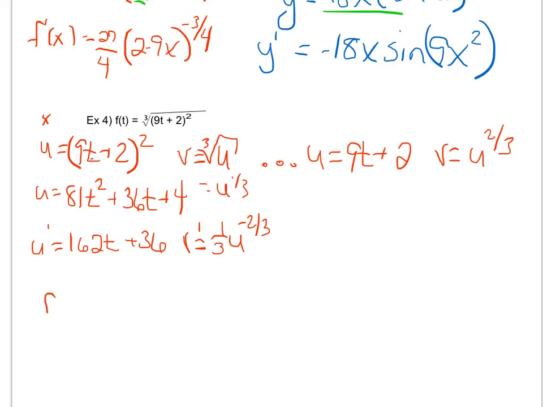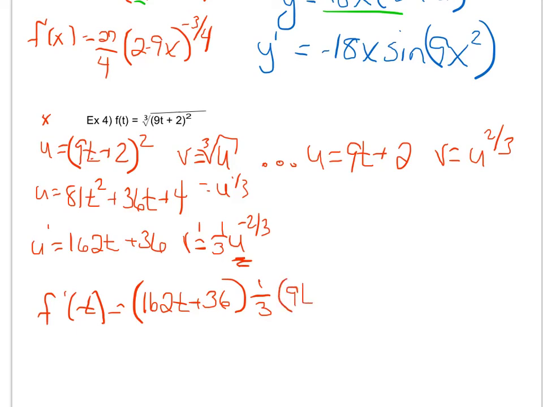And my overall f prime of t is u prime times v prime. But again, I'm going to replace u with 9t plus 2 squared, and then that all gets raised to the negative 2/3.